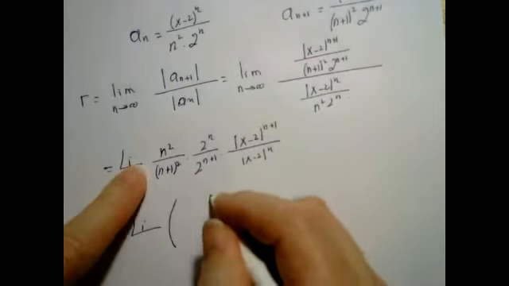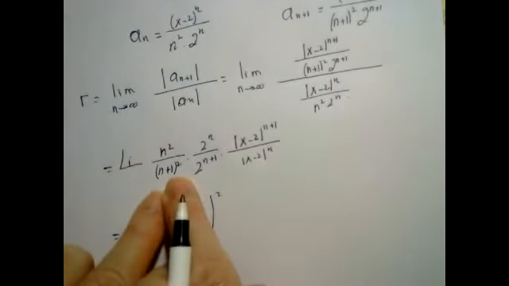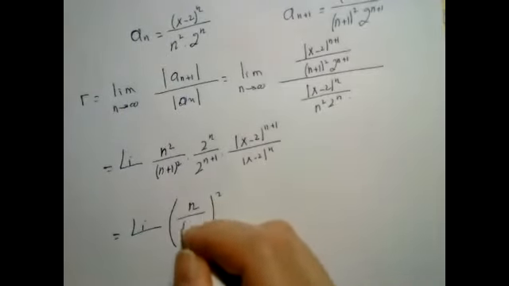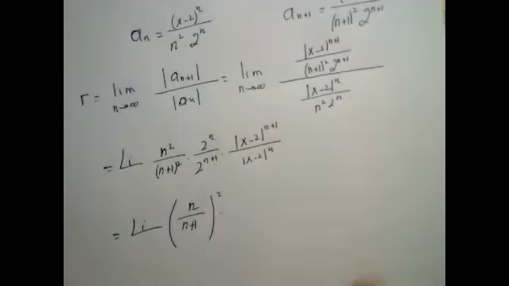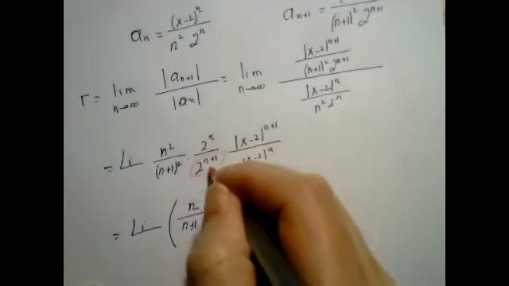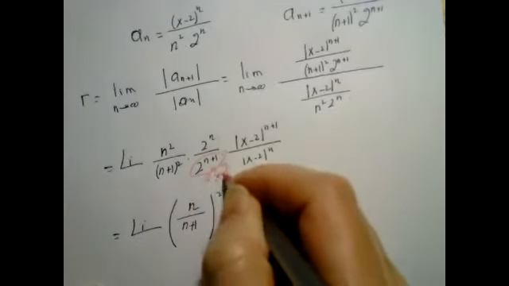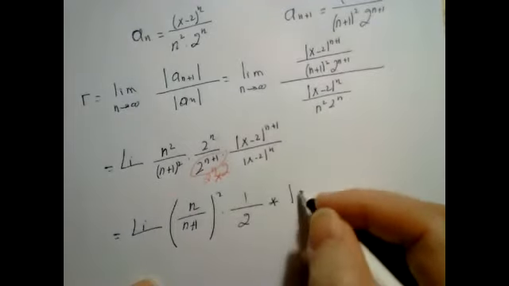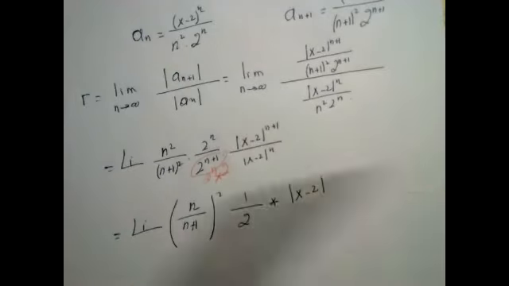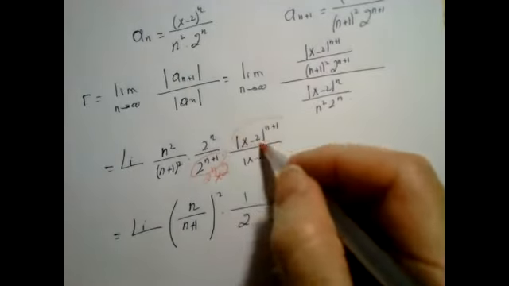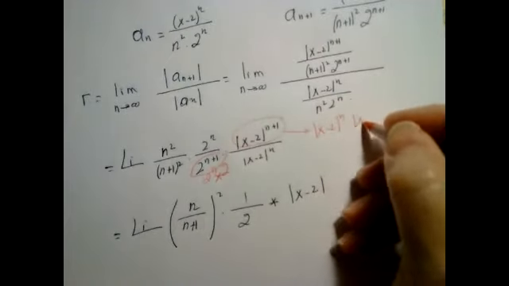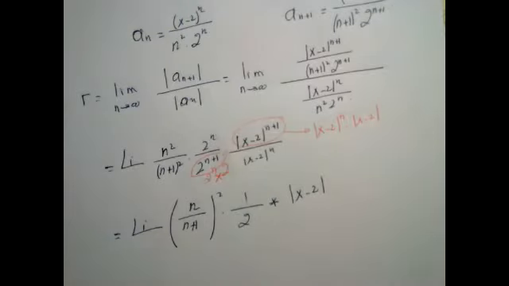The easiest way to do that, you can either take (n plus 1) squared and expand it, but I think it's much easier to rewrite it this way. Now 2 to the n plus 1, of course, we've done this several times. This is 2 to the n multiplied by 2. So I will be left with 1 half. And here I will have x minus 2, because for the same reason, this piece, we split it into (x minus 2) to the n times (x minus 2). Okay, and then I simplify.